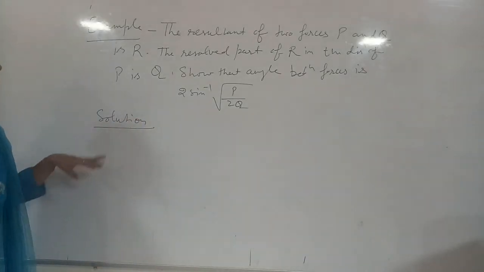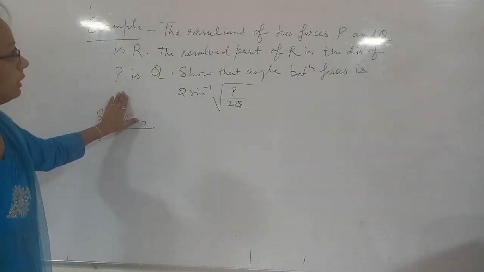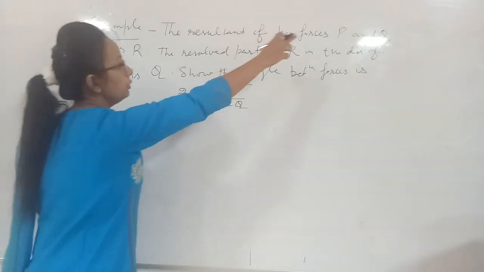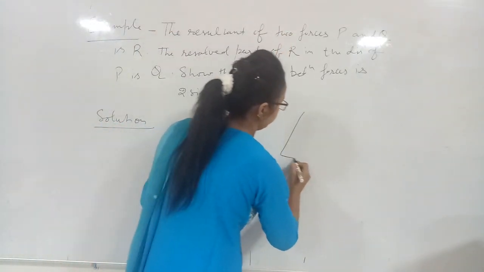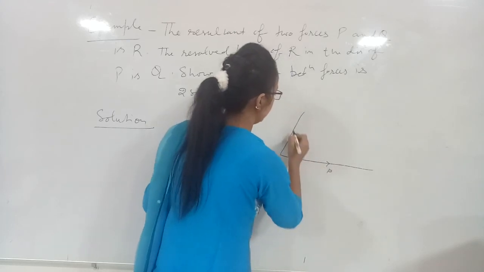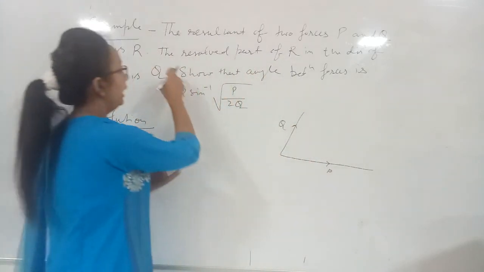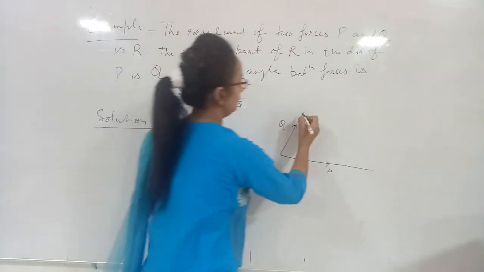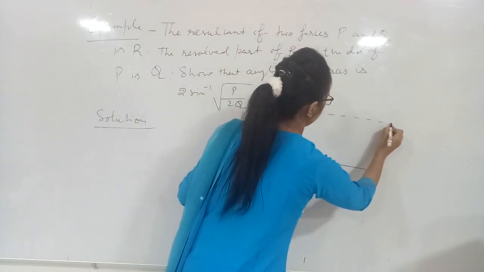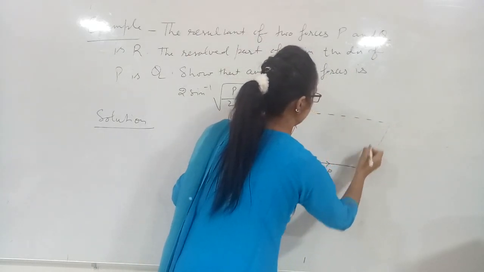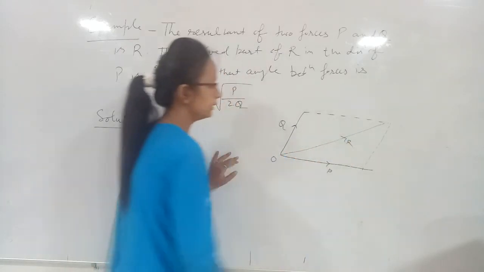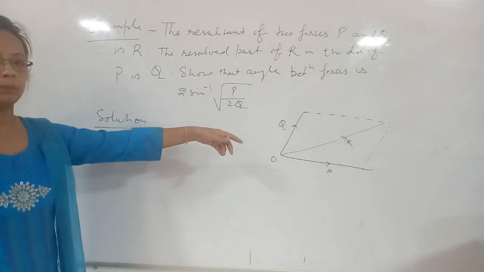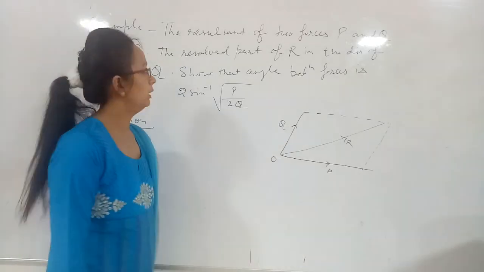What is given? Given are two forces P and Q, and the resultant R is also given. We know the resultant is represented by the diagonal of the parallelogram.